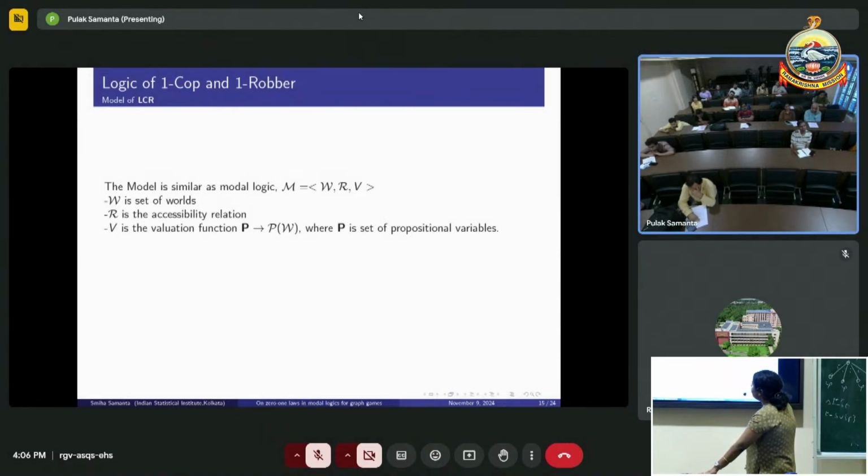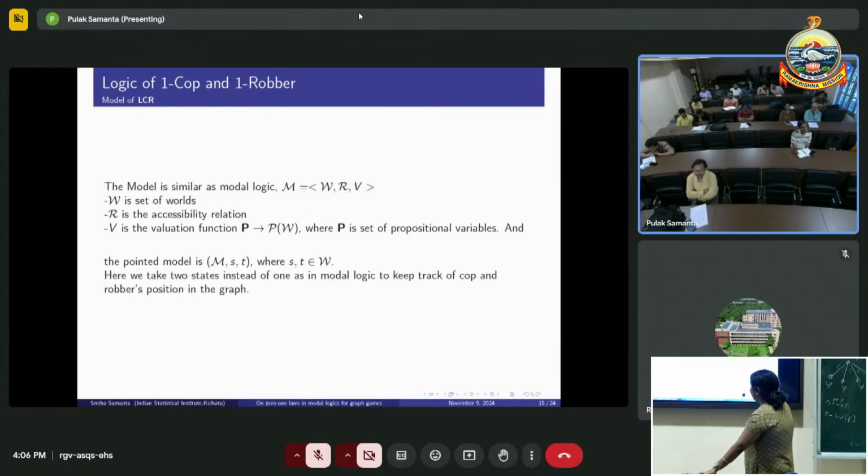The model of this logic is similar to modal logic, where V is the valuation function and R is the accessibility relation. Here for the pointed model, as in modal logic we have to take one world, but as we are taking two different players, we are taking M, s, t, two different states.